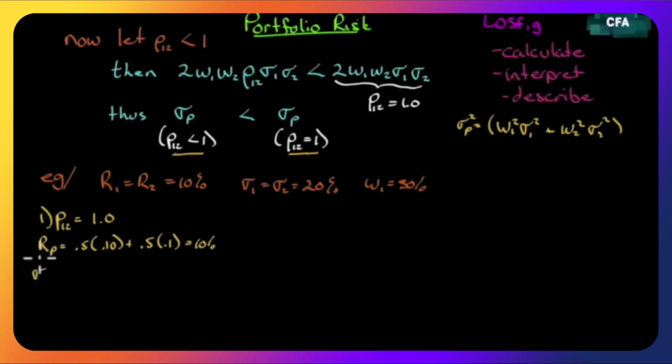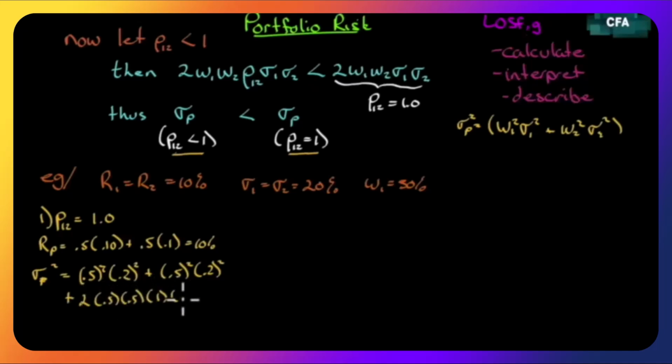Let's look at what the standard deviation of the portfolio would be. So what do we have? We have the weight of the first one squared multiplied by the standard deviation of the first asset squared, plus the weight of the second asset squared multiplied by the standard deviation squared, plus 2 times the first weight times the second weight times the correlation times the standard deviation of the first asset, times the standard deviation of the second asset.